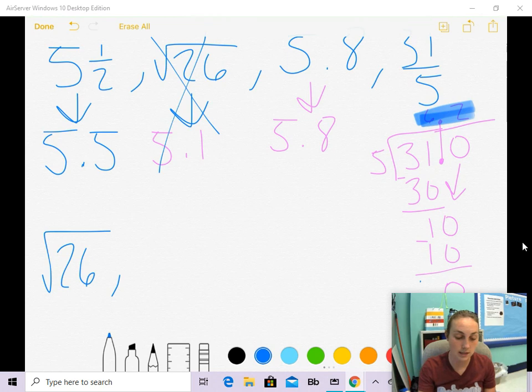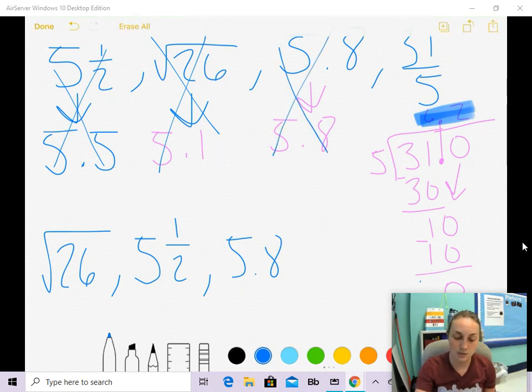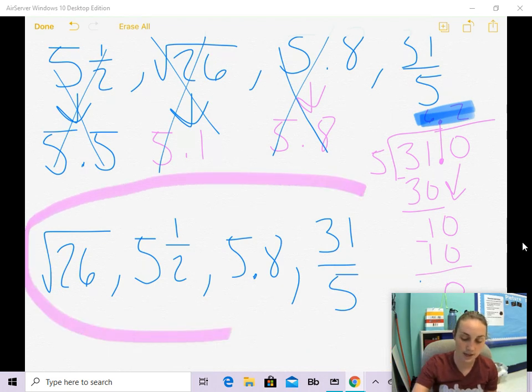The next smallest one is 5 and 5/10, that's 5 and 1/2. You can mark that out. The next one is 5 and 8/10. We don't have to change that because it's already in decimal form. And then the very last one is 6 and 2/10, which is 31 over 5. And that is going to be your answer.